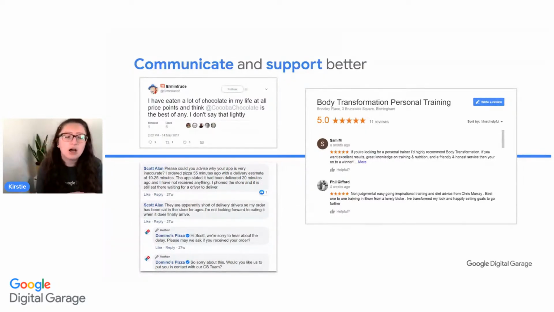So starting to think about, okay, we can grow, we can get on our mobiles, we can make sure we're connecting with people on a mobile sense. We can also start to use our reviews and our platforms to communicate and support that audience that we want to connect with our businesses.